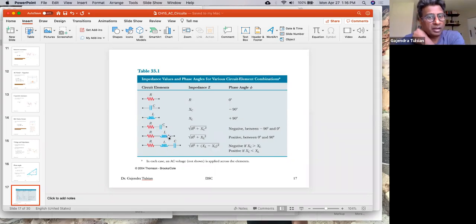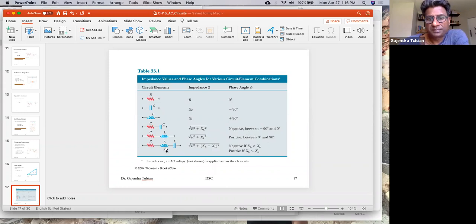For R and L, a resistor and an inductor, the impedance is the square root of R squared plus XL squared. There's the impedance, and the phase angle is between 0 and 90 degrees.